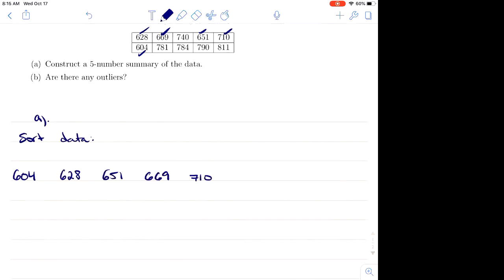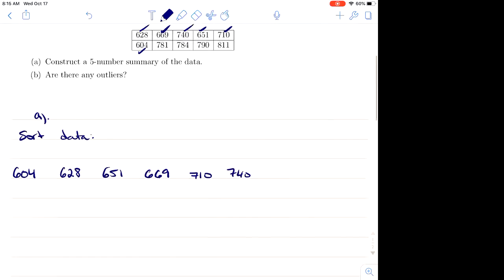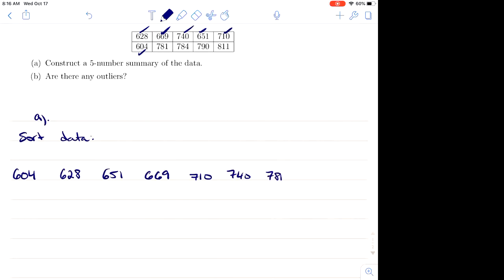So you want to kind of check mark the ones off that you've used. 710, 740. Should have Martha Stewarted this. Had it ready. 781, 784, 790, and I ran out of room a little bit, 811.